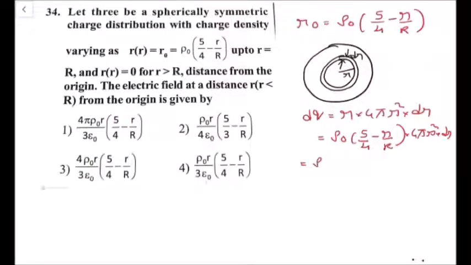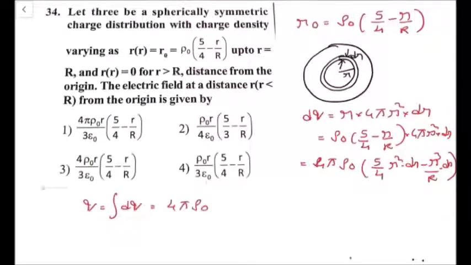After simplification, 4 pi rho naught into 5 by 4 r square dr minus r cube by capital R dr. Now to find the charge q, let us take the integration.